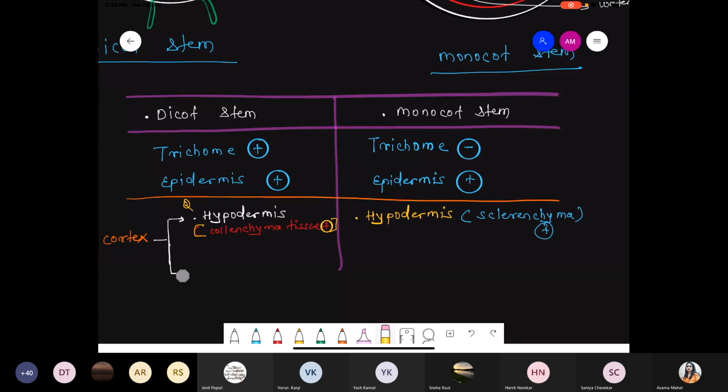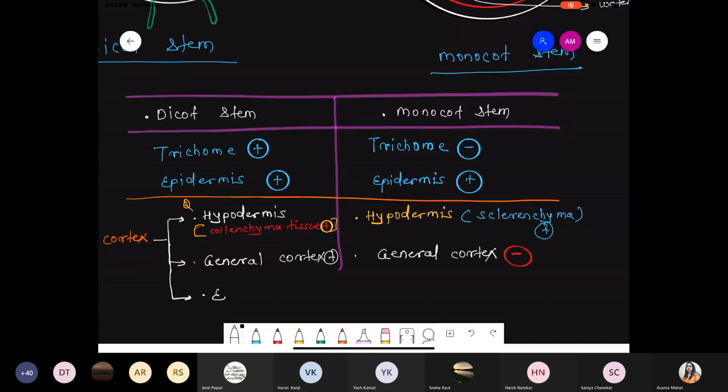Now next point. After the hypodermis, there is the presence of general cortex tissue, but such kind of general cortex tissue is totally absent in the monocot.